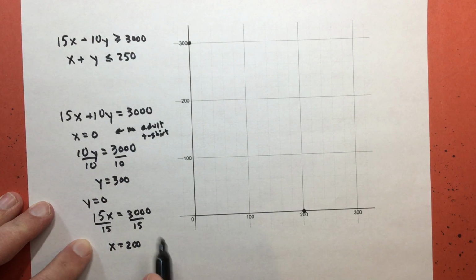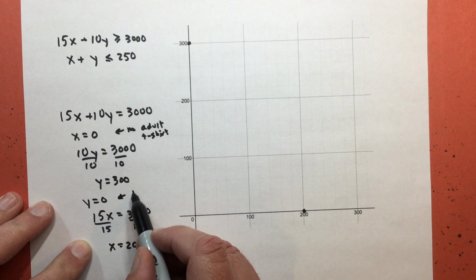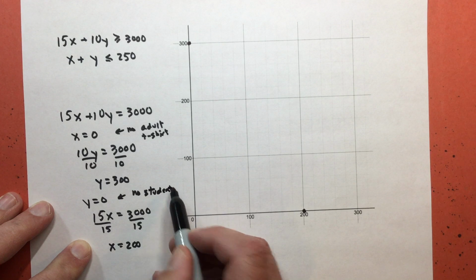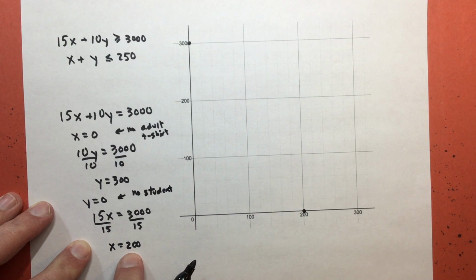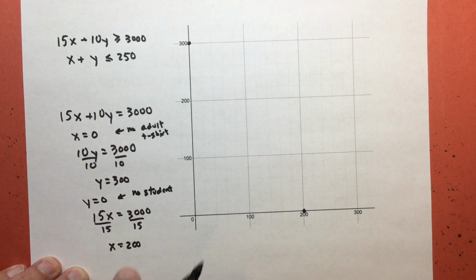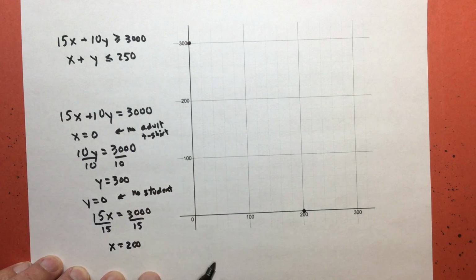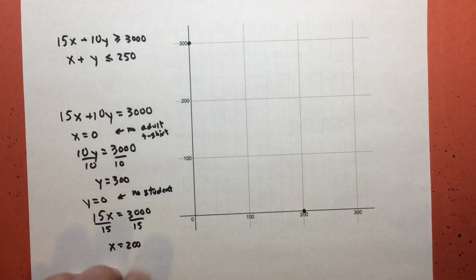On the other extreme, this means there were no student t-shirts sold. So because adult shirts are more expensive, at $15, they have to sell exactly 200 adult t-shirts to make the $3,000. These mean something within the problem, so be thinking about that.